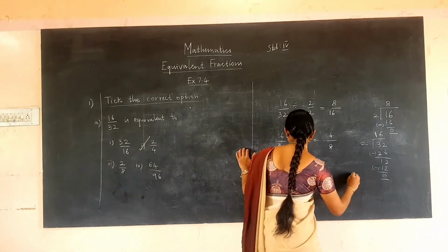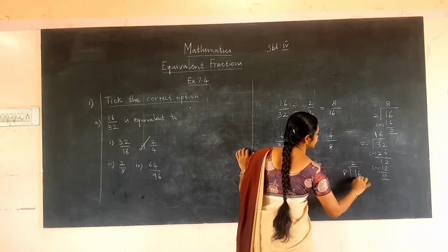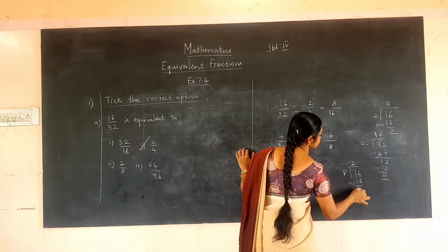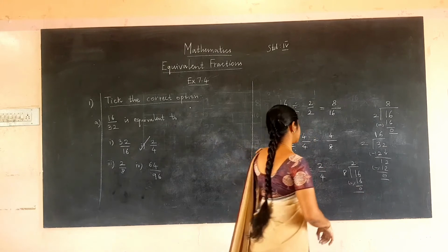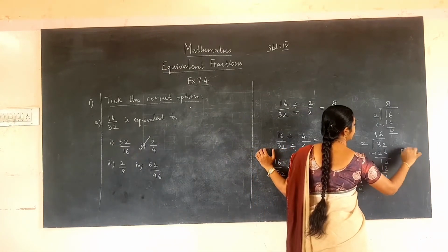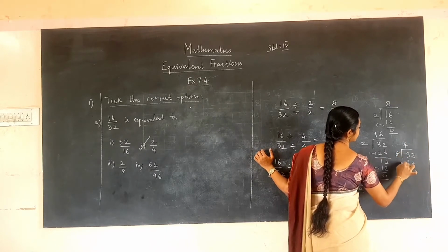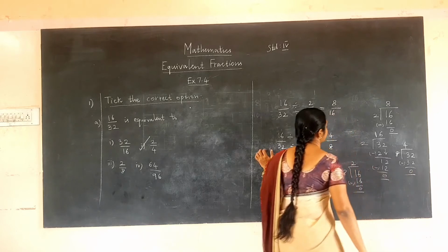I will divide and show. 8 2s are 16. 16 minus 16 is 0. 32 divided by 8. 8 4s are 32. 32 minus 32 is 0.